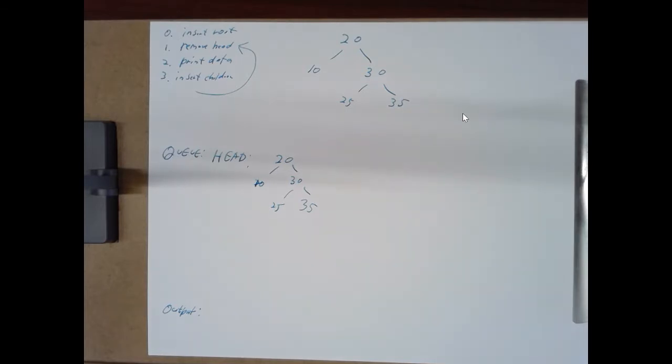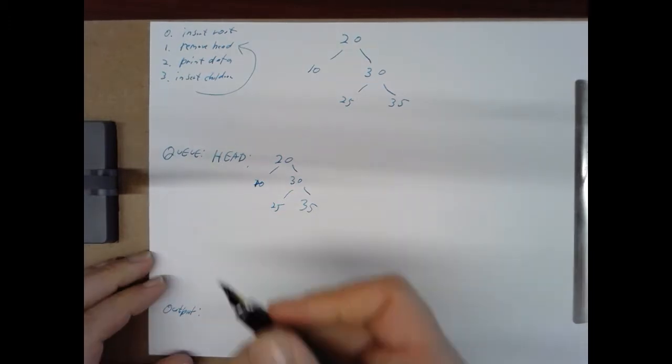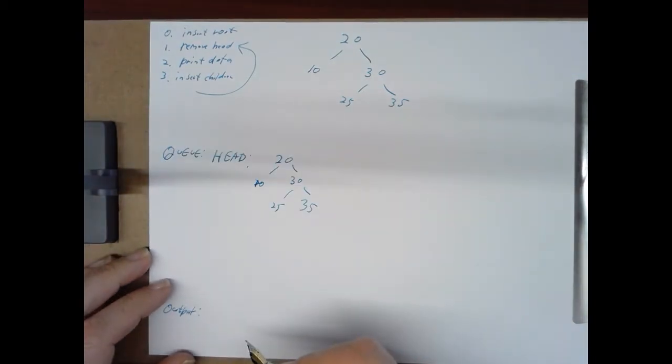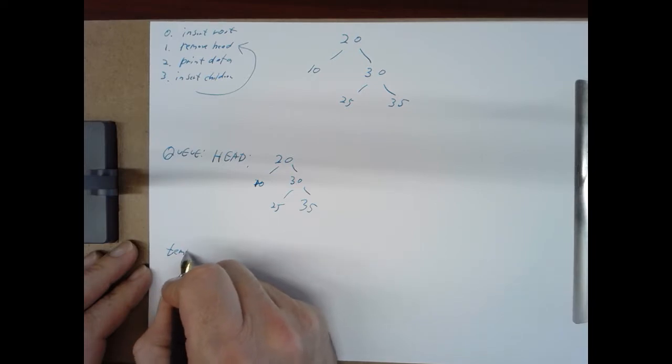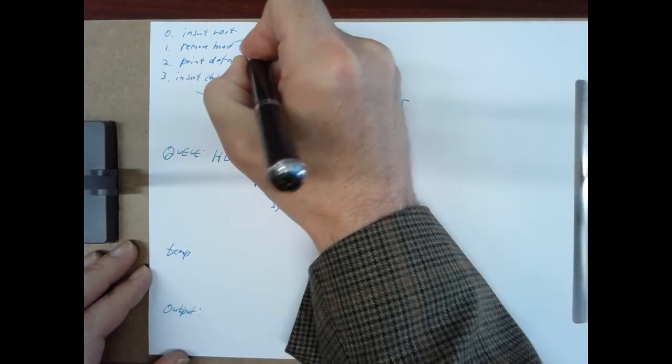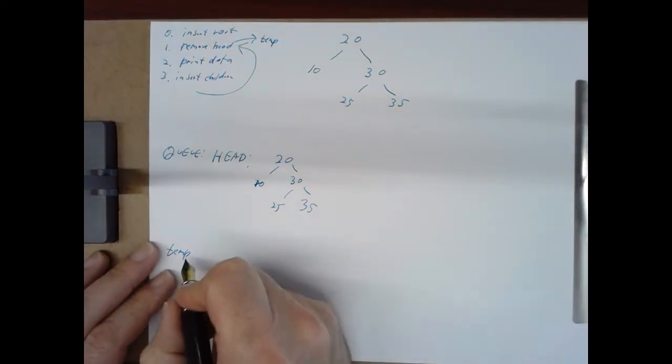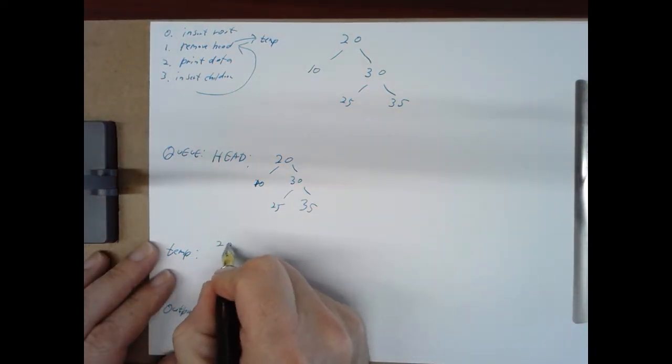So effectively, we can imagine that our queue contains one entry, which is this tree. That's step 0. Step 1, we remove the head of the queue and put it into something called temp. So temp is going to be equal to this tree.